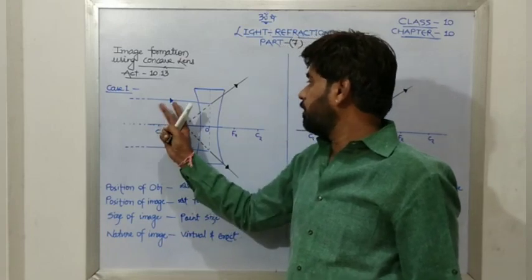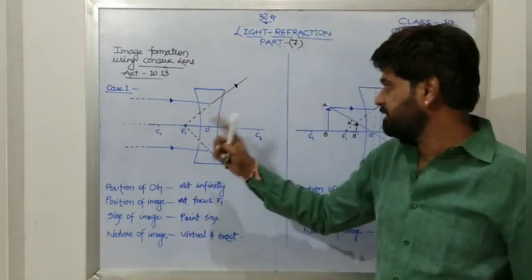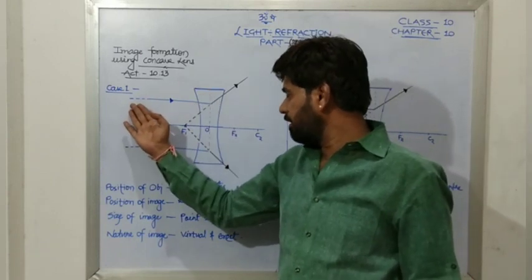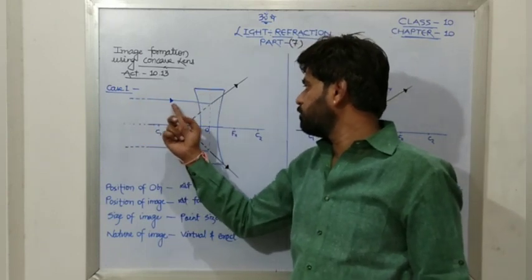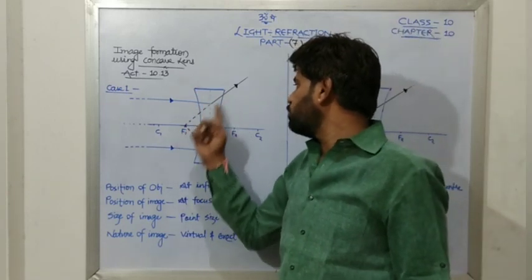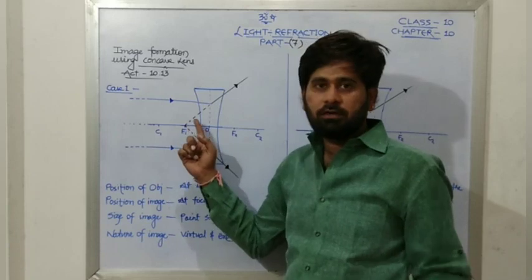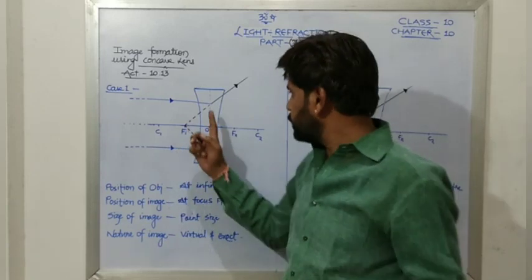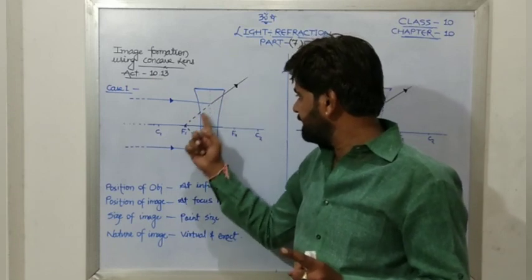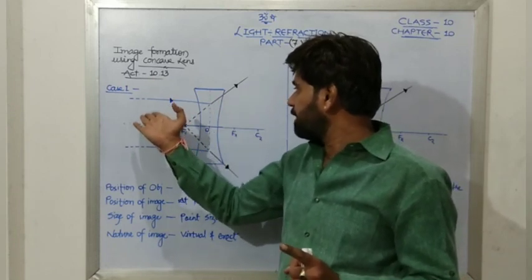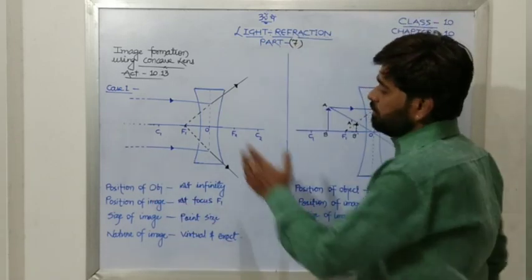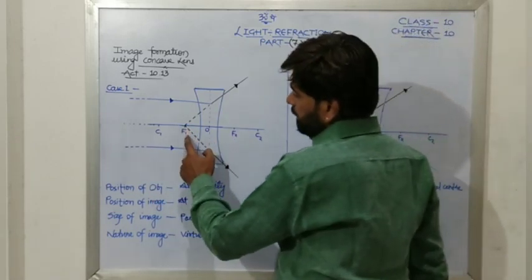Rule number 1 says in case of concave lens, when a ray of light comes parallel to the principal axis, just after refraction it appears to diverge from focus F1. Here one line is above the principal axis and another below it, and both are meeting at F1.